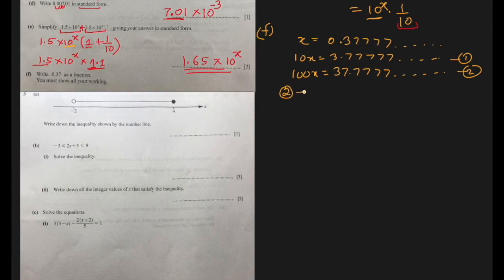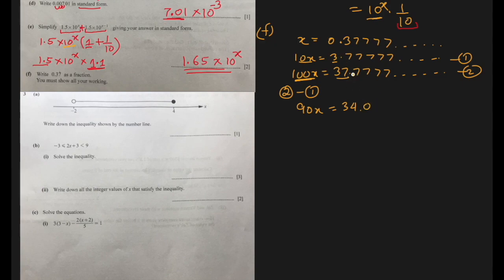Subtract equation number 1 from equation number 2. So 100x minus 10x is 90x. Left hand side subtracted by left hand side, and on the right hand side 37 minus 3 is equal to 34, and the .7777 here and .7777 here will cancel out, with nothing left after the decimal.